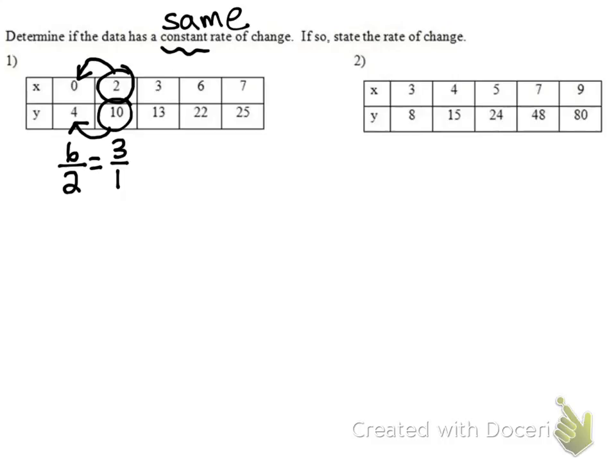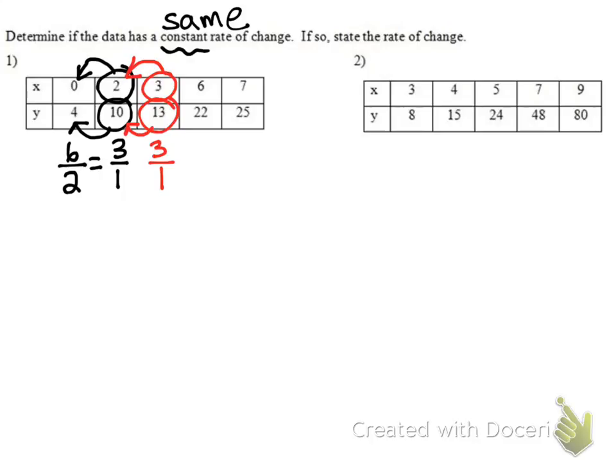All right, now we do the next one. So what is 13 minus 10? 3. What is 3 minus 2? 1. I gave it away. So far, do you see how the rate of change is the same both times? If it's the same every time we do it, then we have a constant rate of change.